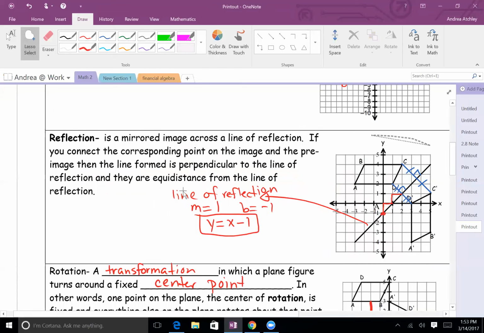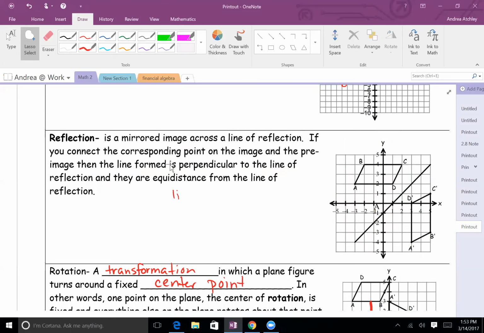A reflection is a mirror image across a line of reflection. If you connect the corresponding points on the pre-image and the image, then the line formed is perpendicular to the line of reflection, and they are equal distance from the line of reflection.